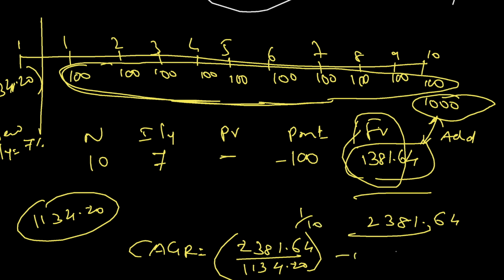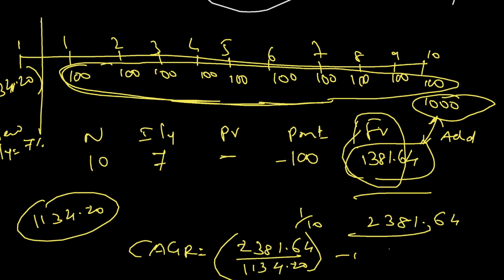So when I calculate, 1 by 10 will be 0.10. So 2381.64 divided by 1134.20, then y raised to x 0.10 minus 1.